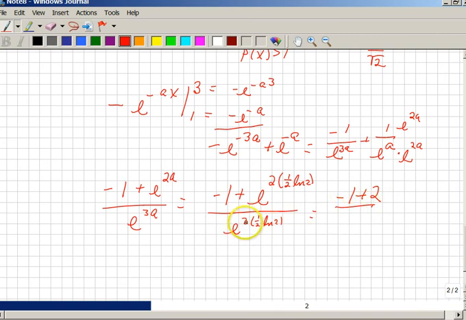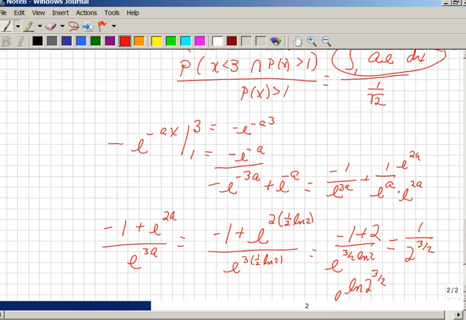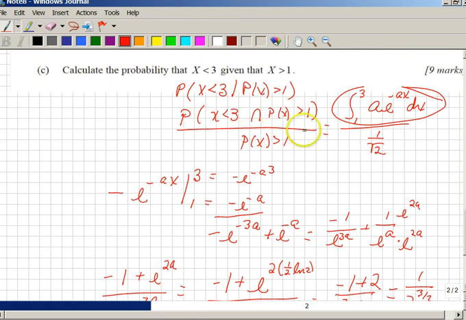On the bottom, I'm going to multiply that 3 times the half, so that's e to the 3/2 ln 2, which is e to the ln of 2 to the 3/2, and e to the ln of anything is that thing. So negative 1 plus 2 on the top is 1. On the bottom, it's 2 to the 3/2. That was my entire numerator of the formula for the conditional probability.